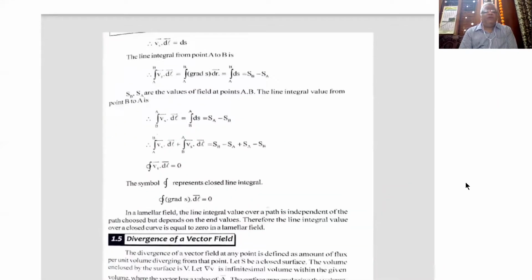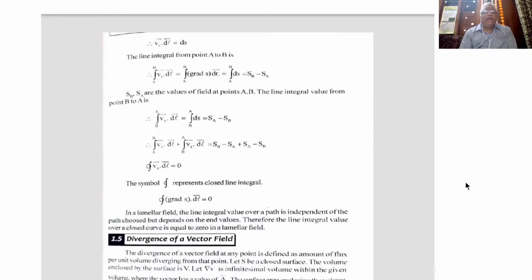The line integral from point A to point B of del S dot dl is equal to the line integral from A to B of grad S dot dr, which is equal to the integral from A to B of ds, which is nothing but SB minus SA.